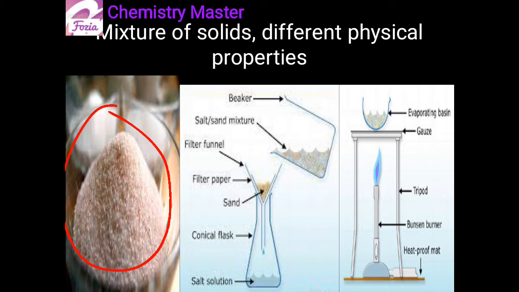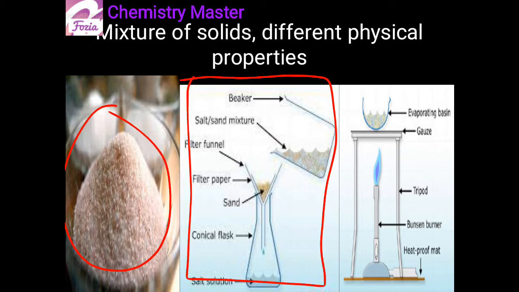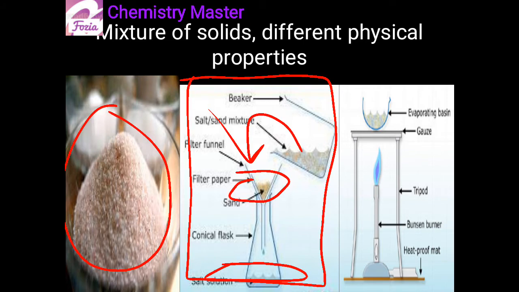Now focus on this diagram. If we dissolve the mixture of sand and salt in water and then filter this solution, the filtrate will be the solution of salt, but the sand, as it is insoluble in water, will be collected as the residue on the filter paper.